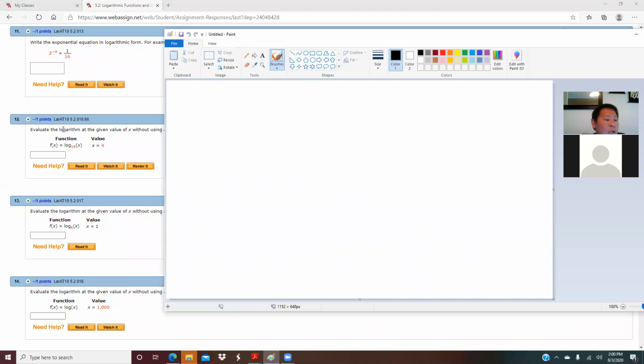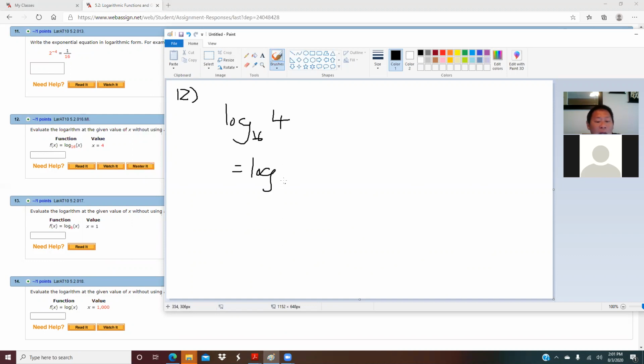So for question 12, you have to evaluate log base 16 of x, and x in this case is 4. So if you give me log 16/4 in your answer, you get it wrong. So what you need to do here is you want to change this 4 to become 16.